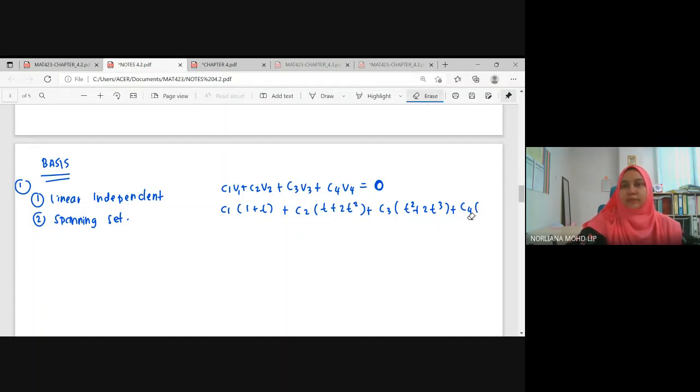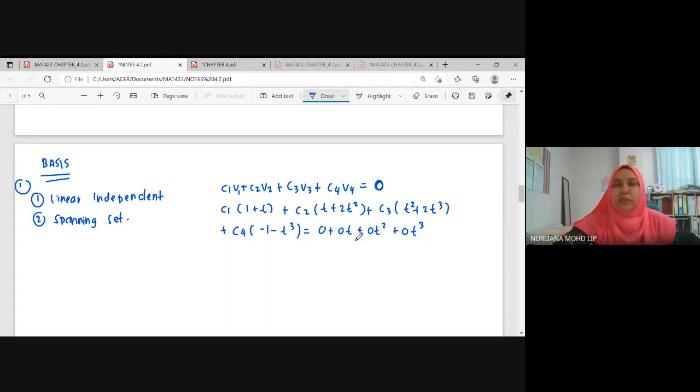Equal to 0 vector of polynomial degree 3 kan. So boleh buatlah 0 plus 0t plus 0t square plus 0t cube.